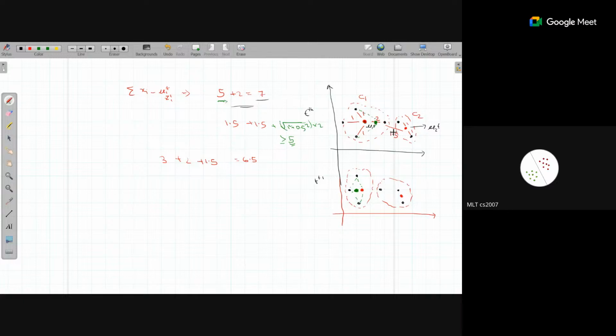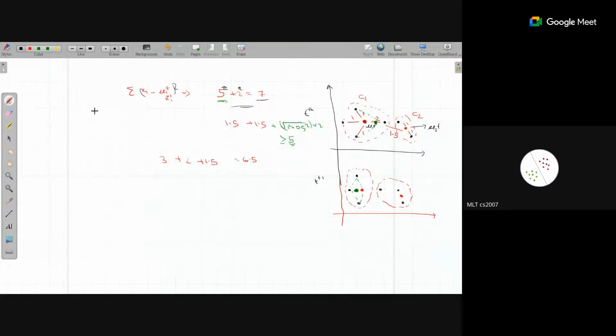This was our value, x minus mu z square. Here we have taken just 5 square plus 7 square. It is the x minus mu z square formula. I didn't catch that point. Okay, it is nothing but representing any point and its distance from its mean.